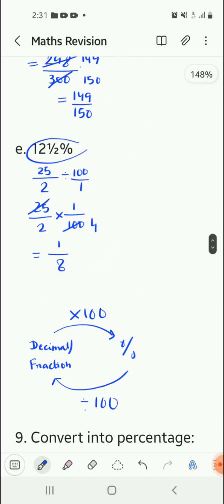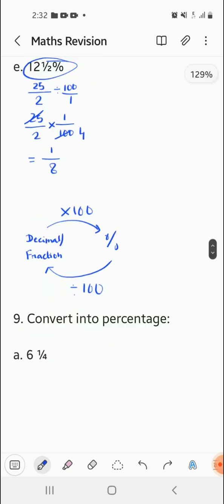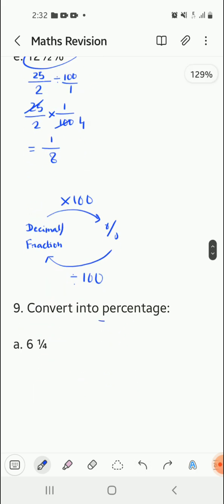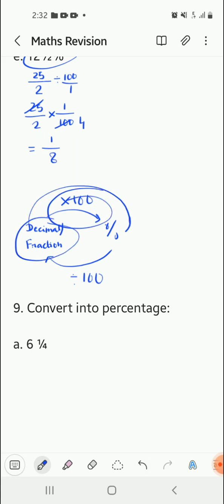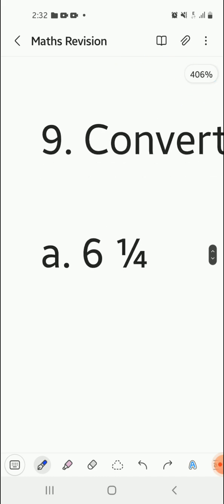Here in this question a percentage was given, so we needed to convert a percentage into fraction. So we were doing percentage to fraction, and that's why we were doing division. And here in the question, we have to convert into percentage. So fraction into percentage, we have to multiply the number by 100. Now we have got 6 1 by 4. So first convert it into improper.